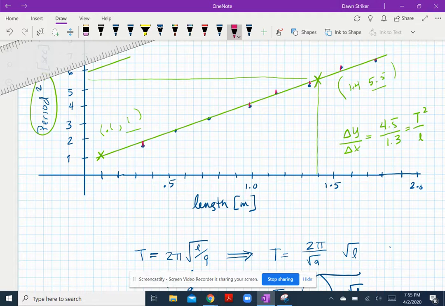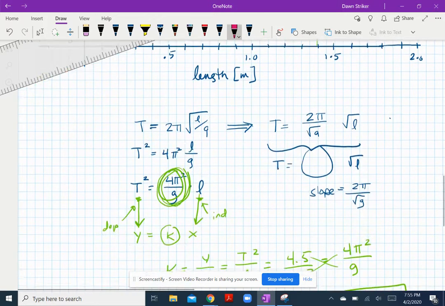If I use my green line of best fit, my errors get scattered up and scattered down, a little bit down and a little bit up, a little bit down here, a little bit up here. I'm not making use of just one data point. I'm making use of every data point. This line that I've drawn approximates the error by scattering it on both sides of the line.